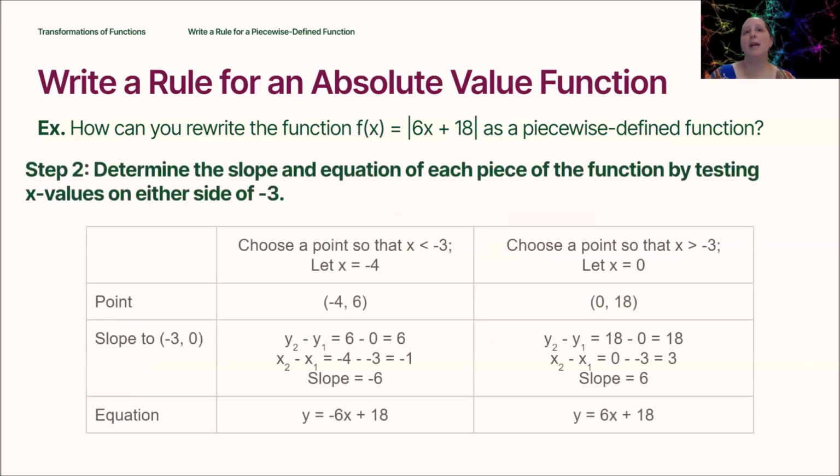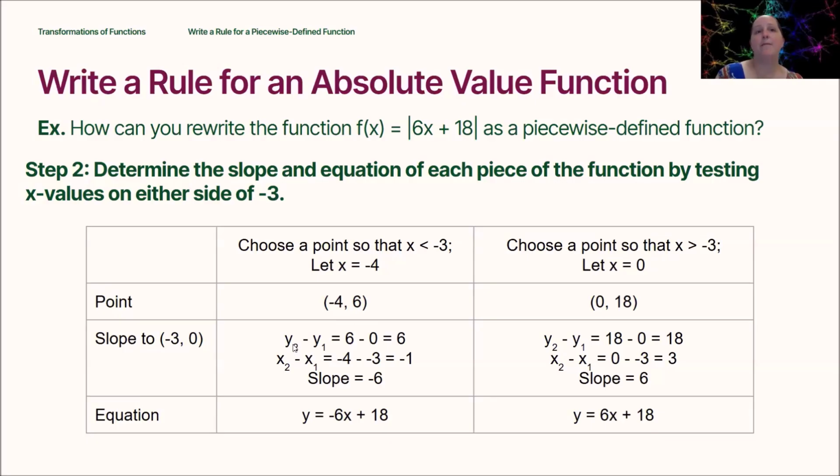Next, I'm going to determine the slope of an equation from each piece of the function by testing values on either side of x equals -3. So I'm going to choose a point that's less than -3. I chose -4. You can choose -10 if you want to. I substituted it in and I found what my y would be.